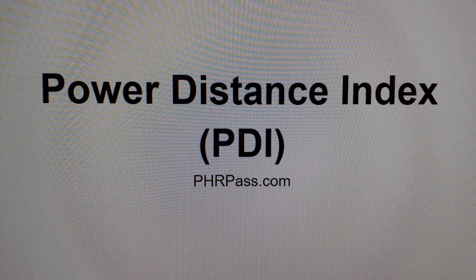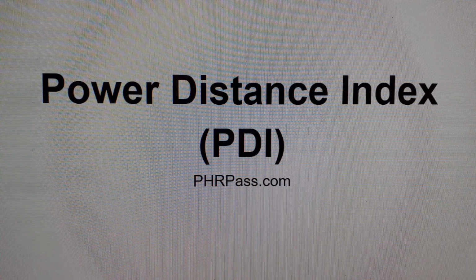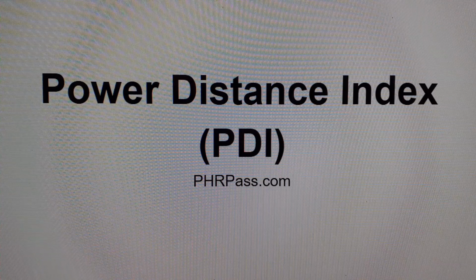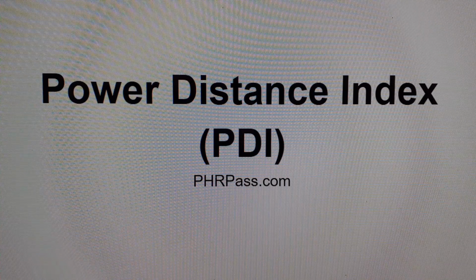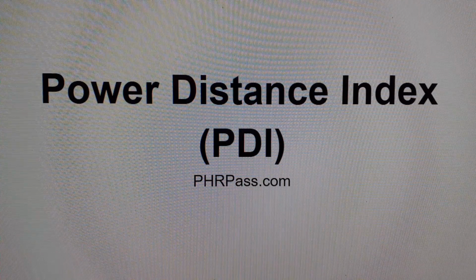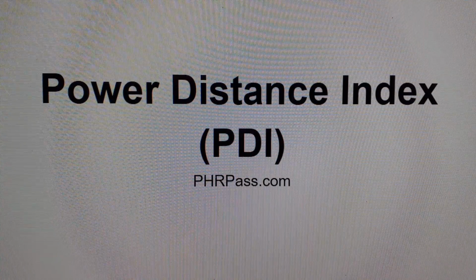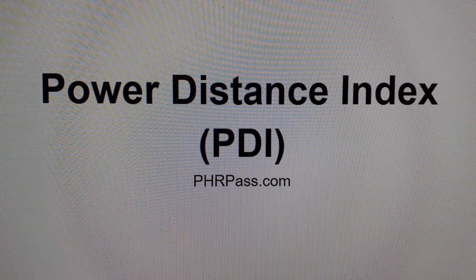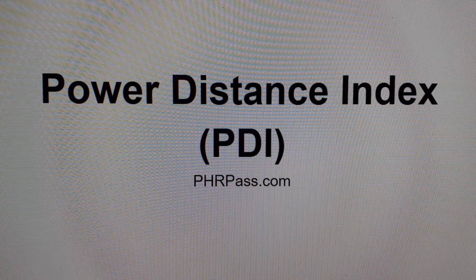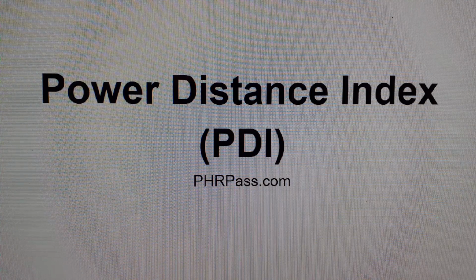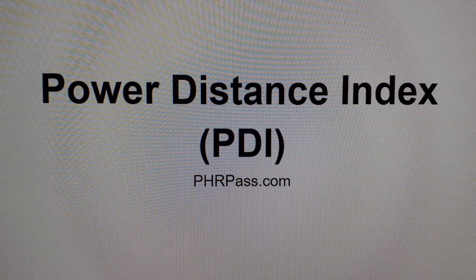A high PDI means that those in authority are rarely questioned and have more of a right to impose upon those with less power. Those with less power expect it. There does exist a correlation between high PDIs and violence between those in authority and those not in authority.